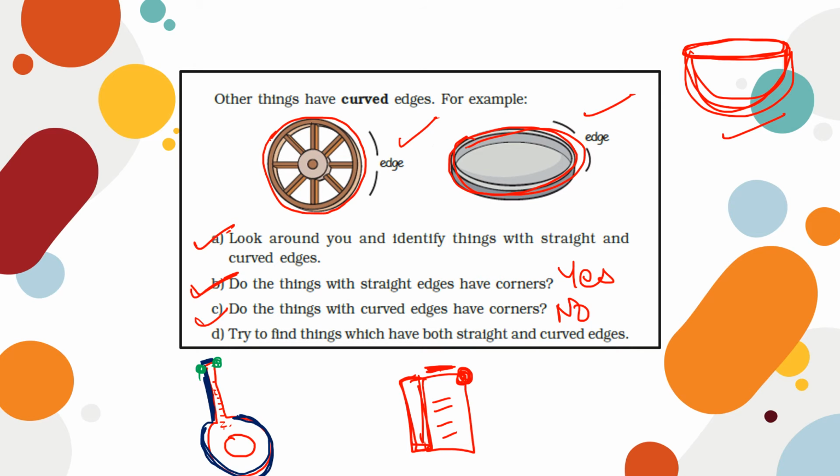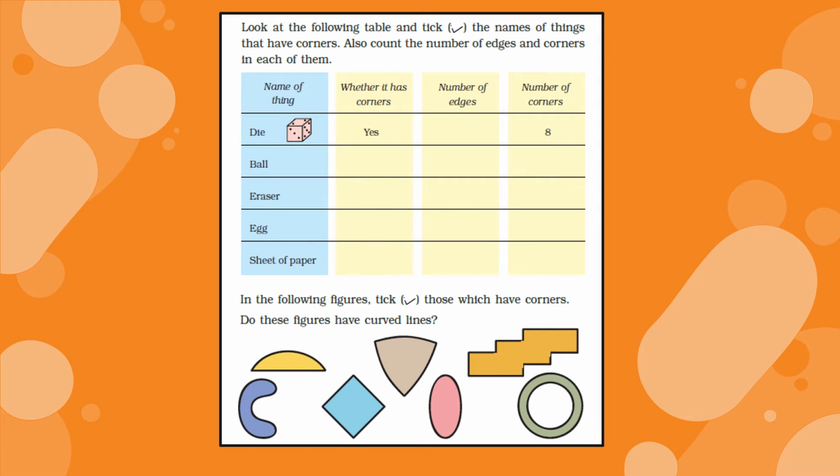Next, we are given a table of few things. We have to tell if those things have corners first, the number of edges and the number of corners. Okay, so the first object is a die. It has corners, yes.